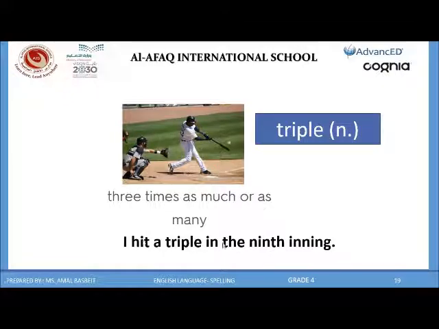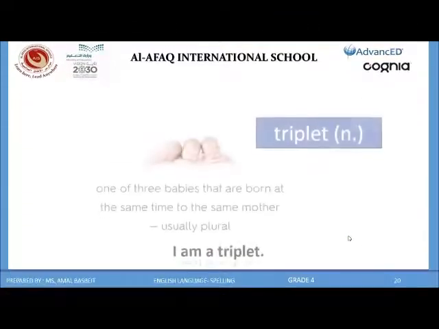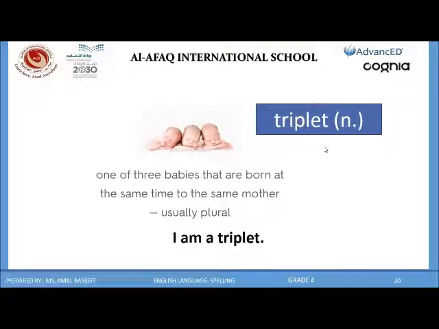I hit a triple in the ninth inning. The next word is triplet. It means one of the three babies that are born at the same time to the same mother, usually plural. I am a triplet. If two babies, we call it twins. Three babies, we call it triplet.